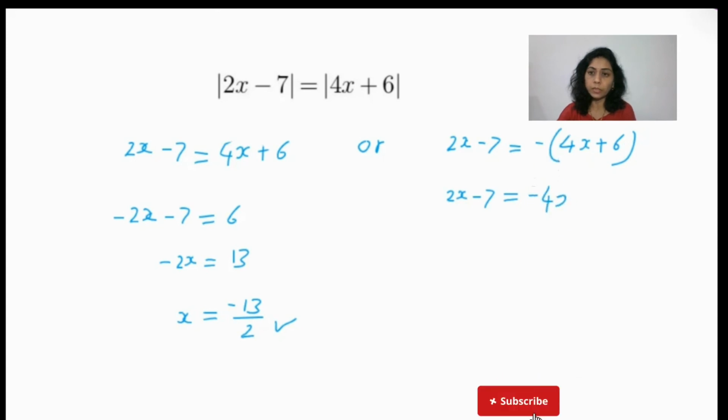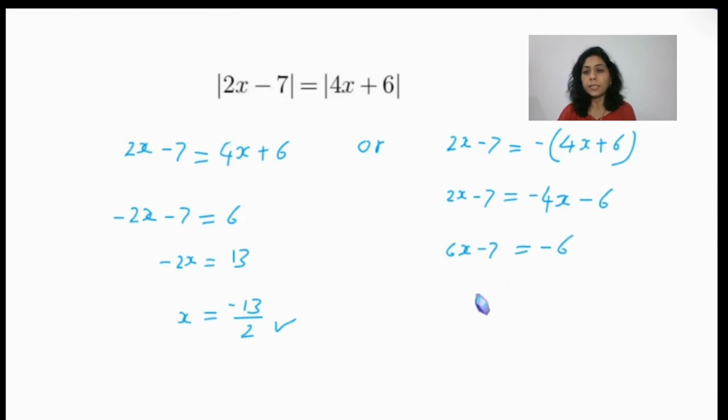It is minus 4x minus 6. Now add 4x to both sides, so this will be 6x minus 7 equals minus 6, and add 7 to both sides, so minus 6 plus 7 is 1, and divide both sides by 6, we get 1 upon 6. This is our second answer.